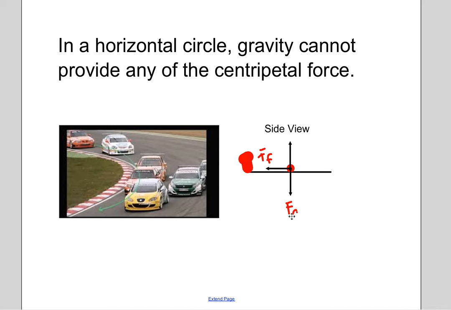Gravity's going down, and normal force is going up. But the point is, there's no way that gravity could ever help provide any of the centripetal force in a horizontal circle, because gravity in a horizontal circle is always pulling straight downward, which can't help at all toward the center of the circle. So that's a fact we need to know about a horizontal circle.